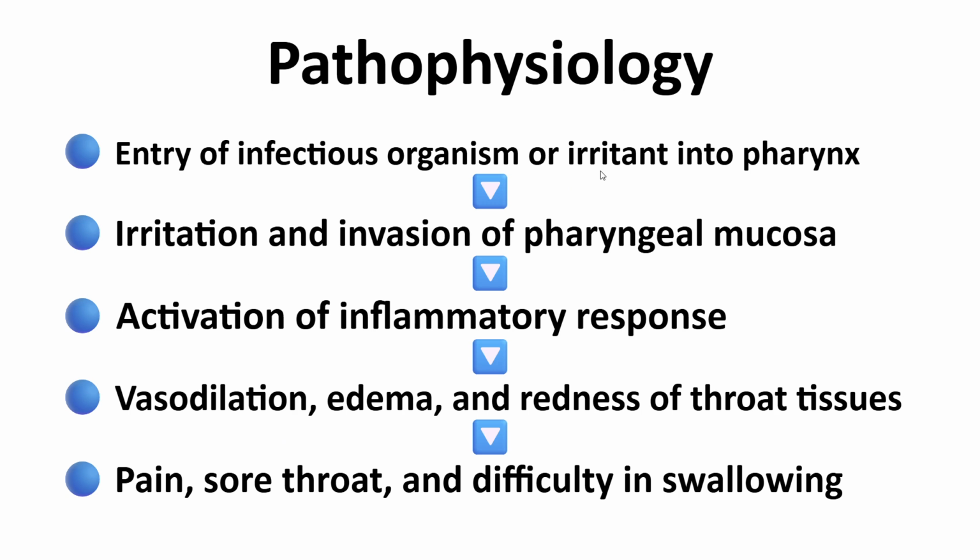And after the entry of this organism or irritant into the pharynx, that can invade the pharyngeal mucosa and cause irritation, which activates the inflammatory response in the body, and there will be inflammation in the pharynx or the throat, which causes vasodilation, edema, and redness of the throat tissues.